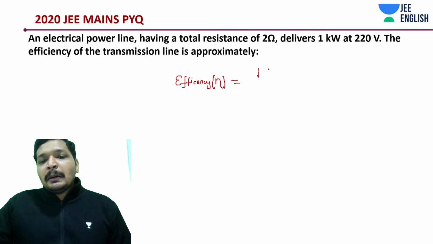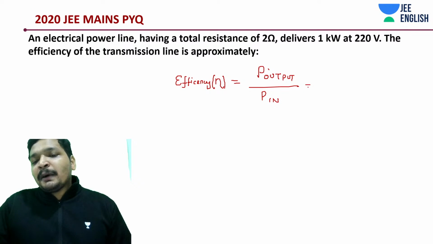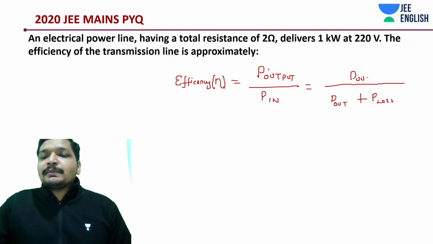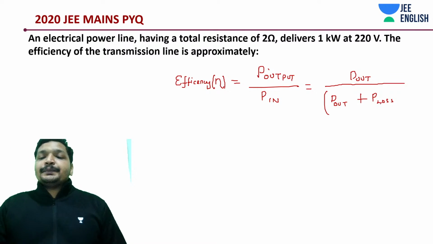That is going to be power output divided by power input. And what is power input in this case? It's power out plus power loss, always. So efficiency is power out divided by power out plus power loss.